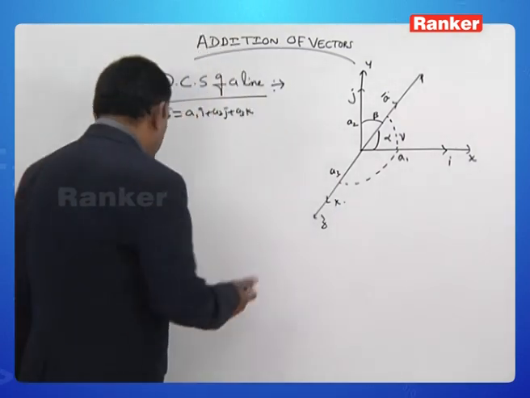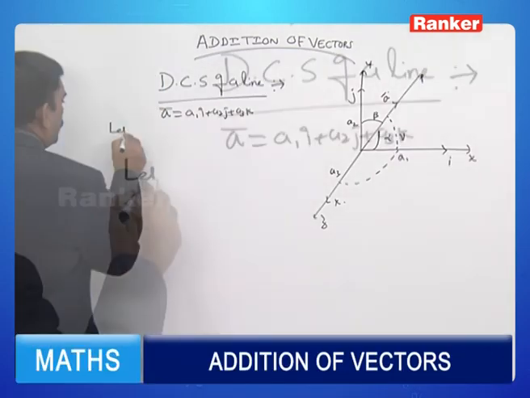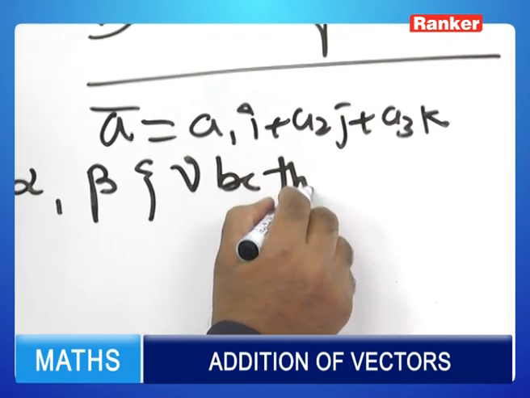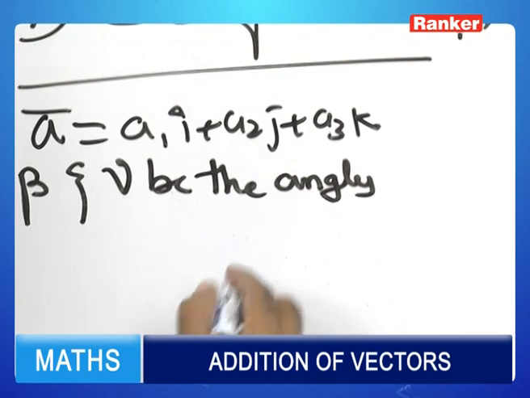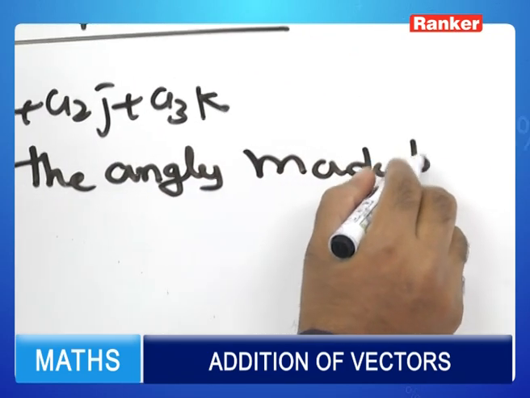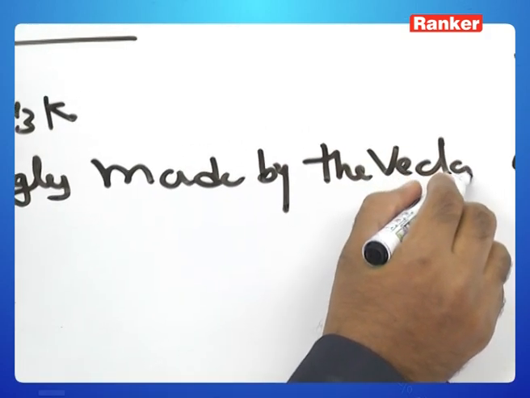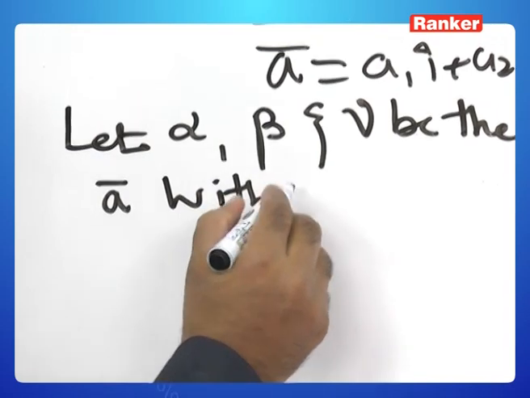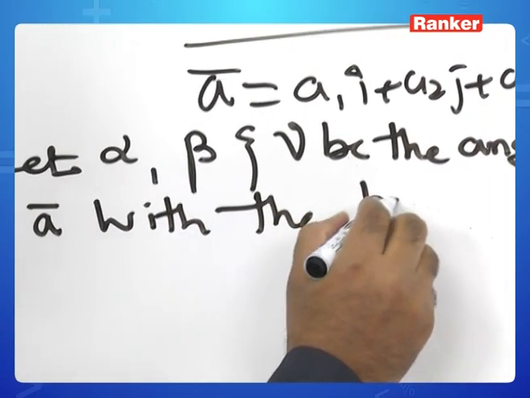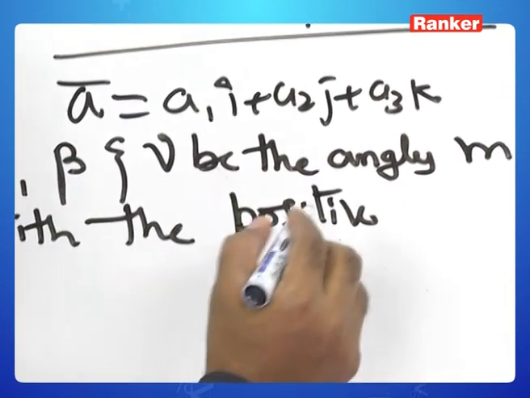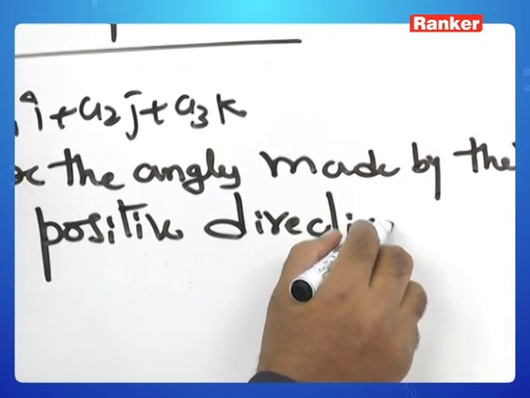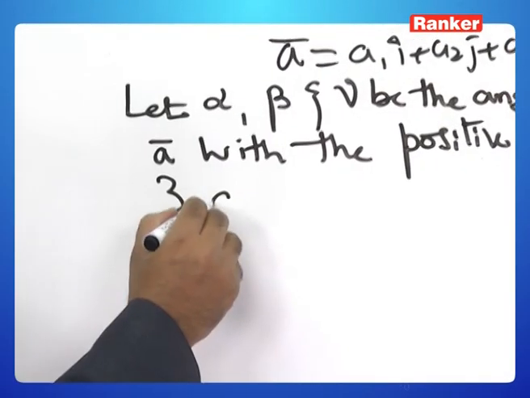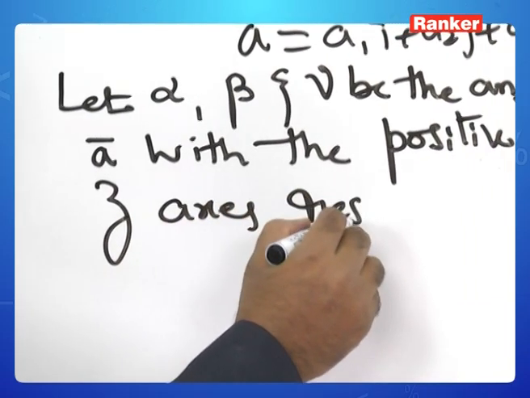So now I can write: let alpha, beta and gamma be the angles made by the vector A bar, or a line or a ray, with the positive direction of the x, y and z axes respectively.